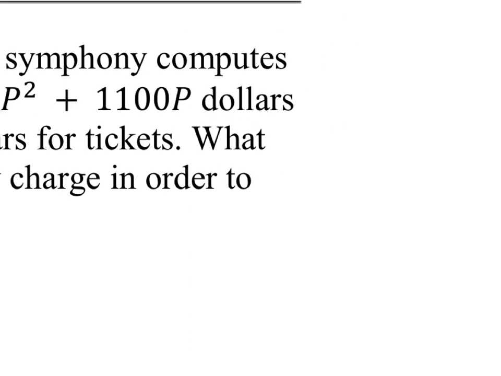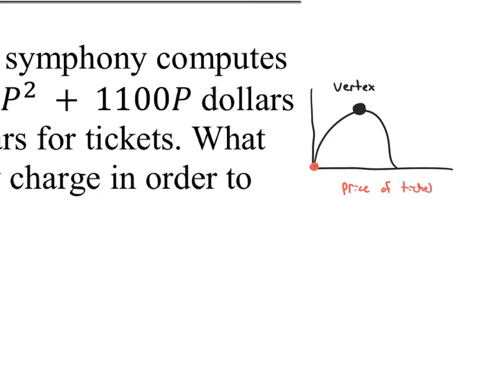Here's what this is going to look like if we were to make a graph. There's going to be some type of maximum or vertex. That's what we're looking for. Now, here's why business often turns into quadratics. If this is price of tickets, and this is profit, it's going to make a quadratic scenario, and here's why.